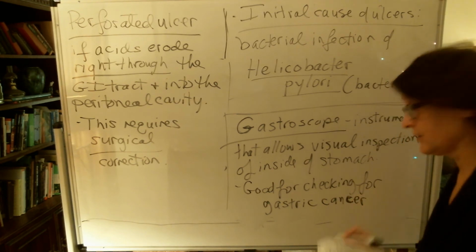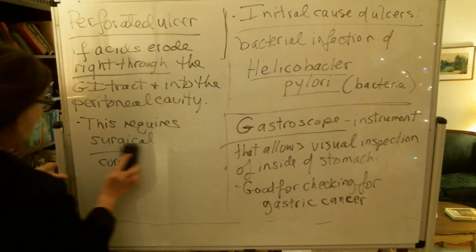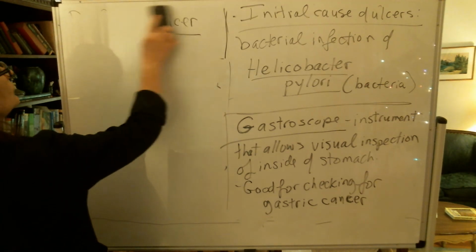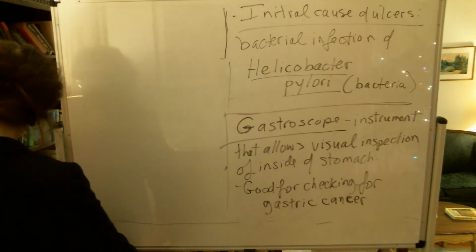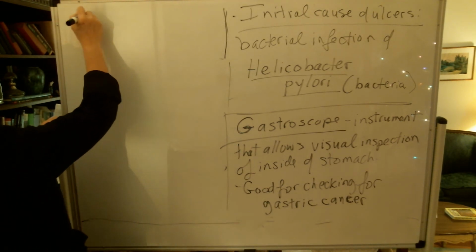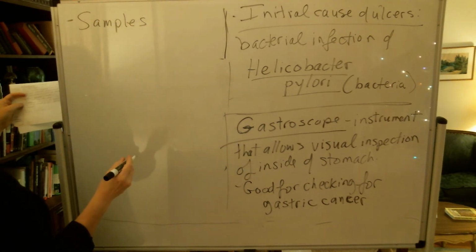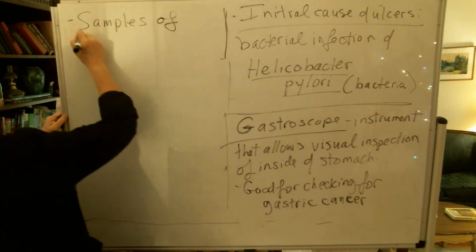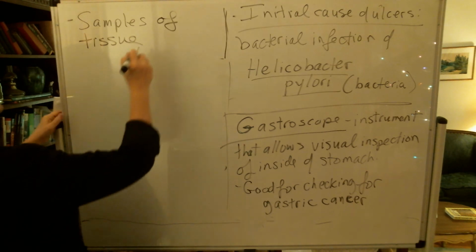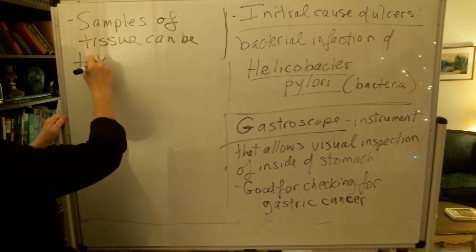You can find gastric cancer that way, as well as also checking out somebody's ulcers, looking for other problems as well. And getting back to Helicobacter pylori, as well as the cancer, you can also then get samples of tissue that can be taken this way.